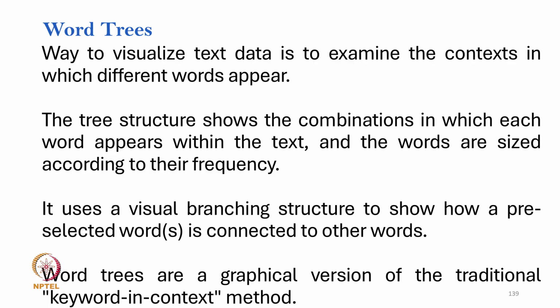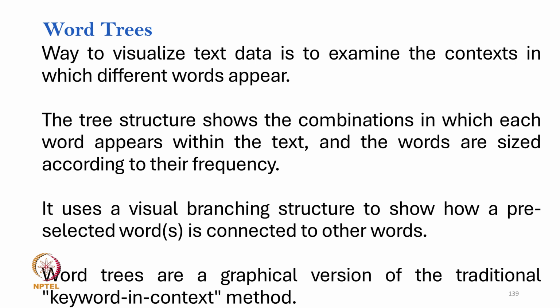Another method for qualitative data presentation is the word tree. It is a visualization of text that examines the contexts in which different words appear. The tree structure shows the combinations in which a word appears within the text, and words are also sized according to their frequency.